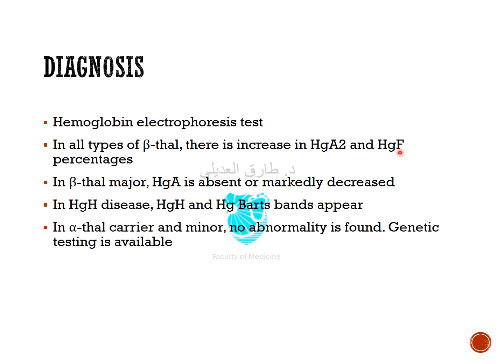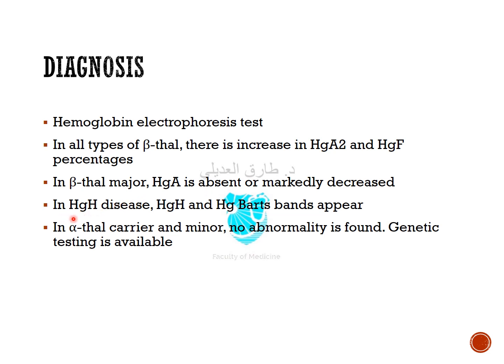This is a normal variation between individuals, but in general it can be increased in beta thalassemia. So increased hemoglobin A2 means the patient has beta thalassemia. In beta thalassemia major, as we mentioned, beta 0, there is no hemoglobin A. Adult hemoglobin is totally absent.